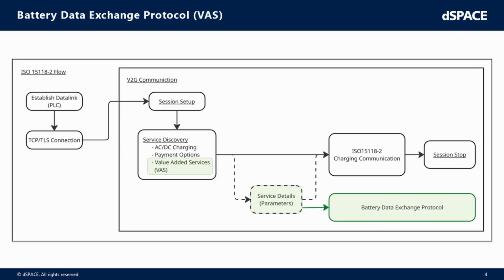On this slide you see the base flow of the ISO 15118-2. At first we start by establishing the data link via powerline communication, and right after that a TCP server is started. After that the V2G communication, so the real charging communication, is started. Of course at the beginning there's a session setup.